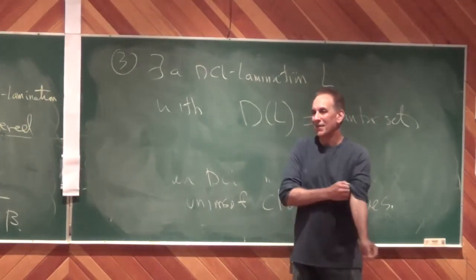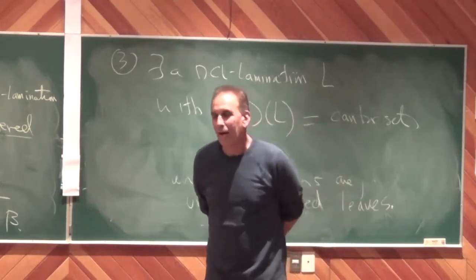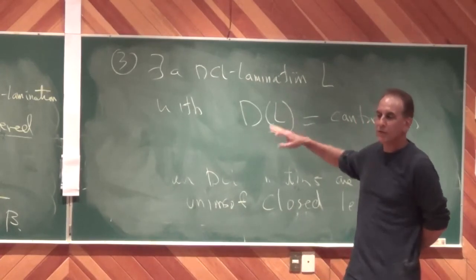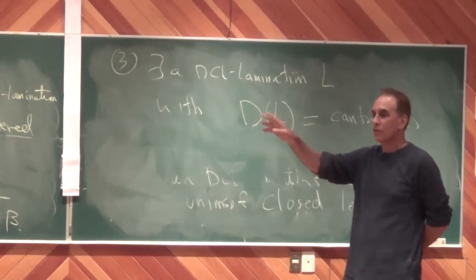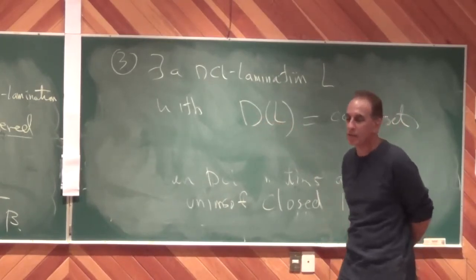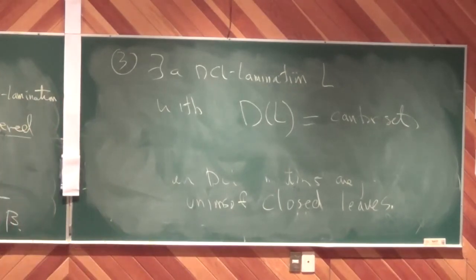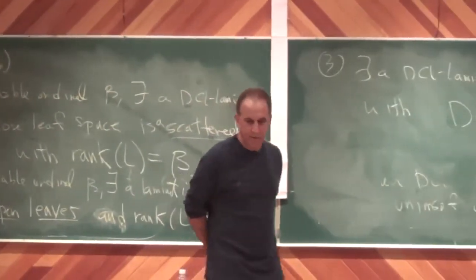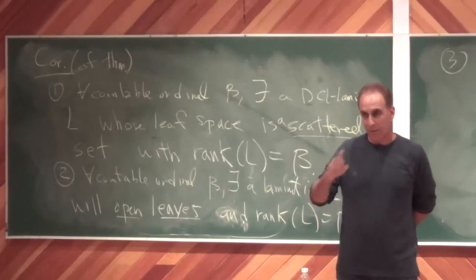What happens if you take finite surfaces with punctures? Yeah, so then for DCL laminations, same statement, because a finite surface with punctures is of finite topological type. So DCL are just finite unions of closed leaves. Does the theorem about the derivative also work for them? Maybe you have to refine what you mean.